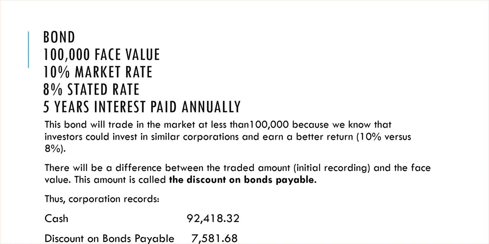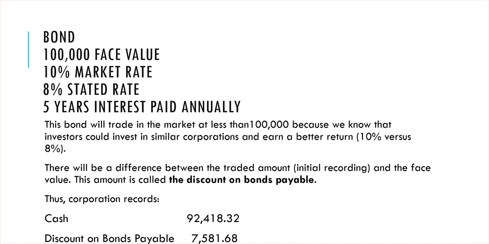And then the other is the interest payments that are going to be made 5 times, and each time is at the end of a year, and therefore it is an ordinary annuity, and it is going to be paid $8,000. So the cash flow is going to be $8,000, and then that has to be discounted again for the same factors. It's 5 years and 10%. The two combined gave us this number right here. The bond payable, the line you can't see, is what they have to pay back.